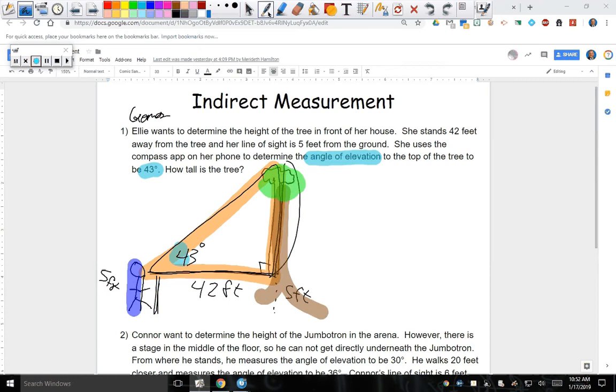Are we good? So let's go ahead and solve this triangle that we set up from our compass and whatnot, okay? So if I have a triangle of 43 degrees elevation, 42 feet, you tell me what letter of adjacent, hypotenuse, or opposite does 42 represent? Adjacent, yeah, nicely done.